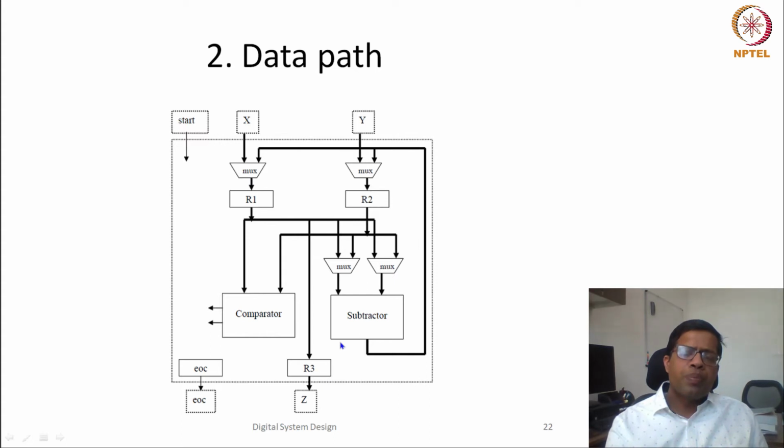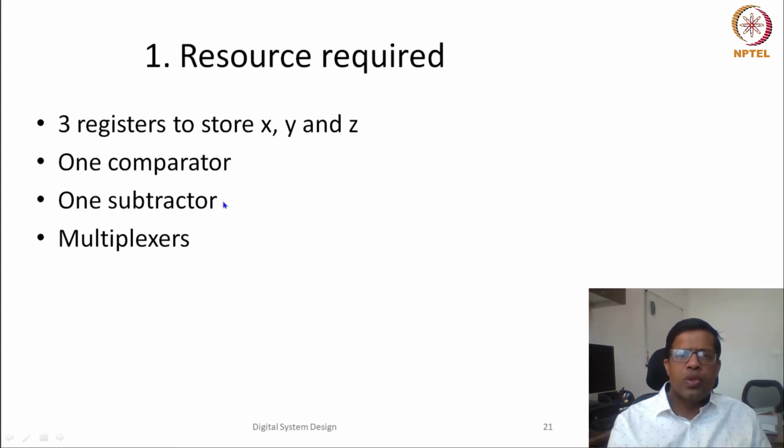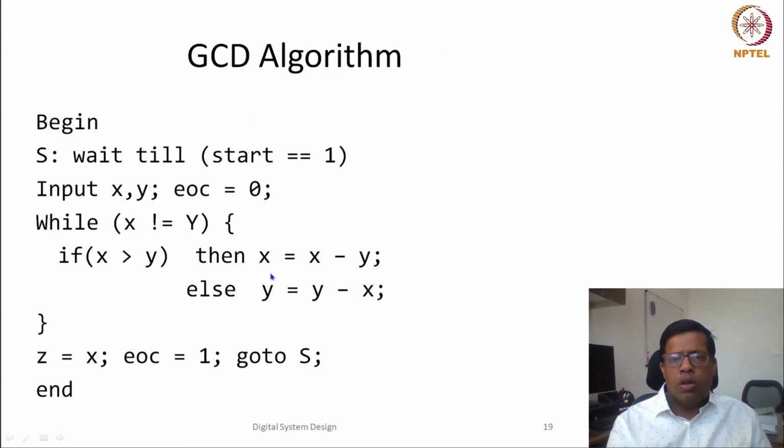Okay, so then you will question why we have put in so many multiplexers. You will see that here, x is getting updated from x minus y, and y is also getting updated from x minus y.